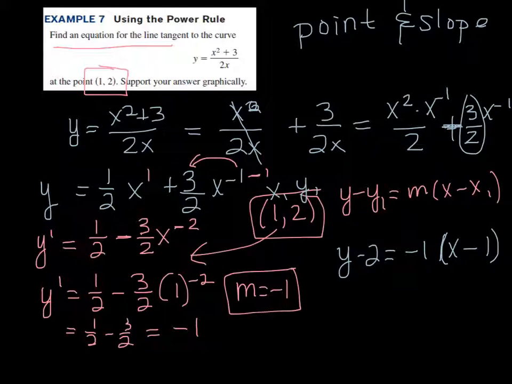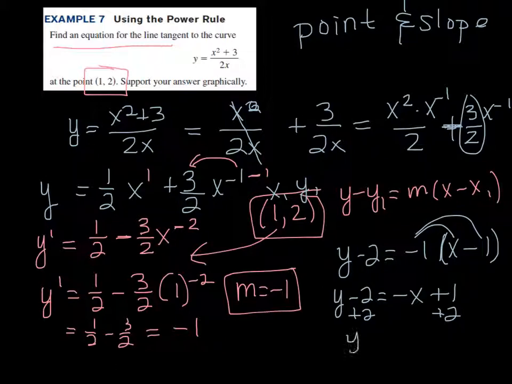So now I'm going to just solve this for y. y minus 2 equals negative x plus 1. I'm just distributing. I'm going to add 2 to both sides. So y equals negative x plus 3.